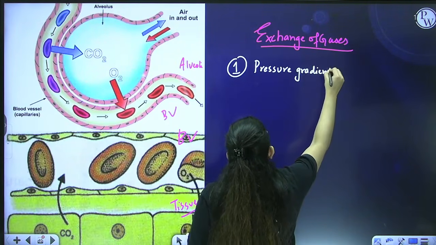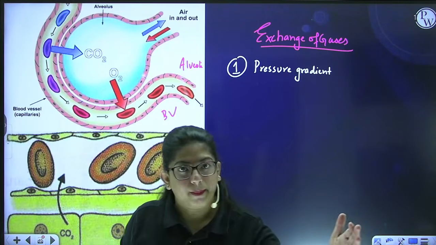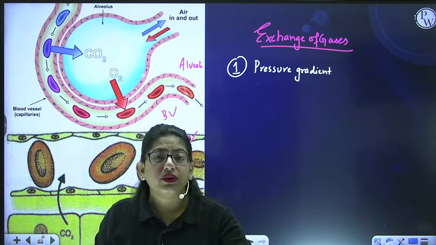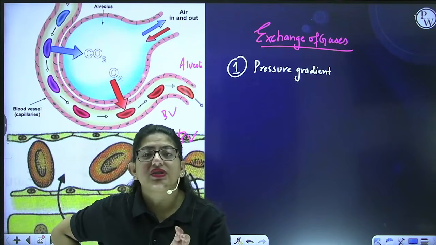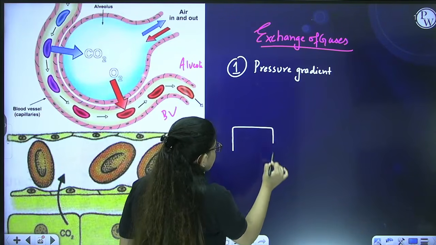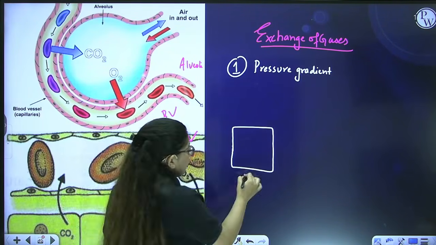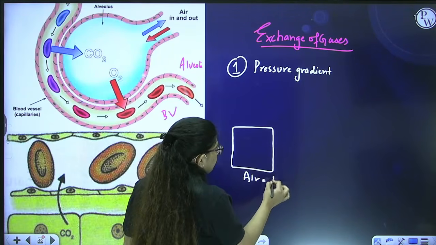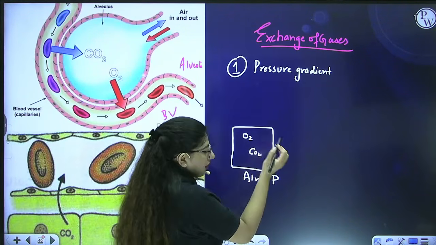So earlier when we were doing breathing, we were talking about pressure of air, right? Now we are talking about gases. Now we will talk about partial pressure. What's the difference? For example, I have this amount of a thing. This is air. So for air, I will always use pressure P. But this air is made up of oxygen, CO2 and other gases.